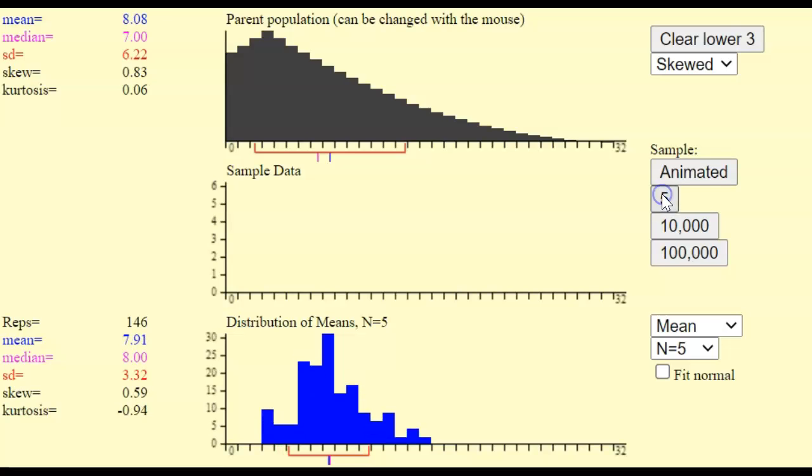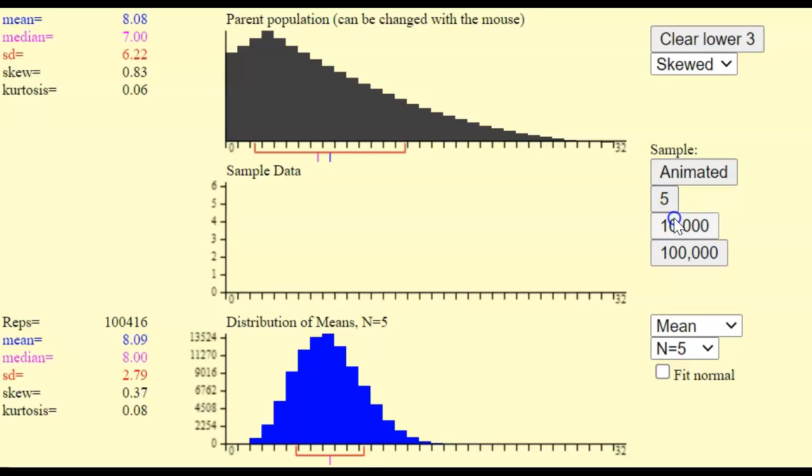It's building. Oh, it kind of looks skewed still, so that's something. Getting a little less skewed now. These numbers are still changing. Let's go 10,000 at a time because it's going to take too long otherwise. It's got a slight skew to it still, but not very much.